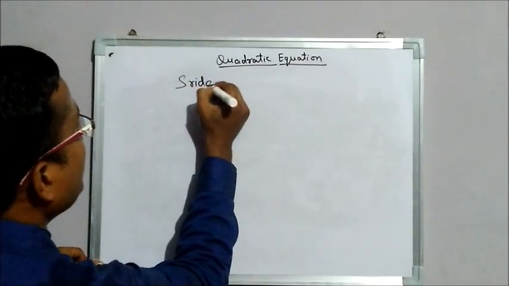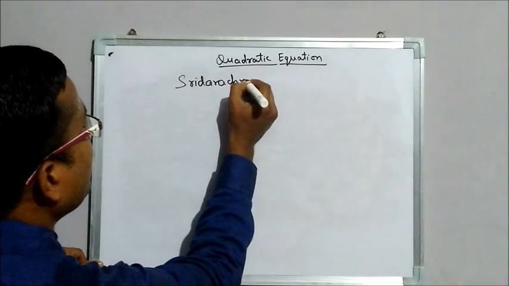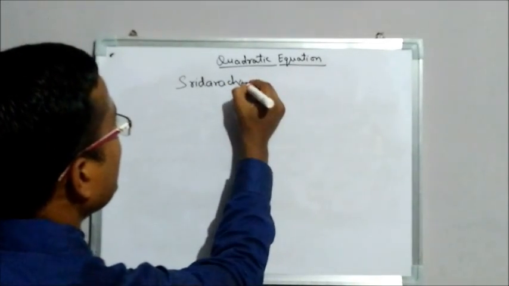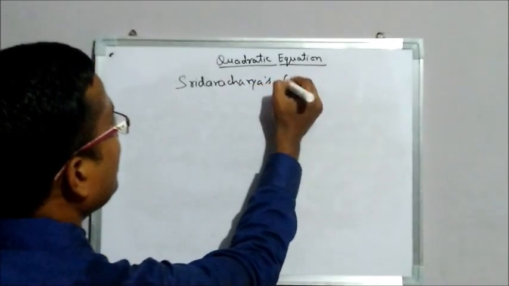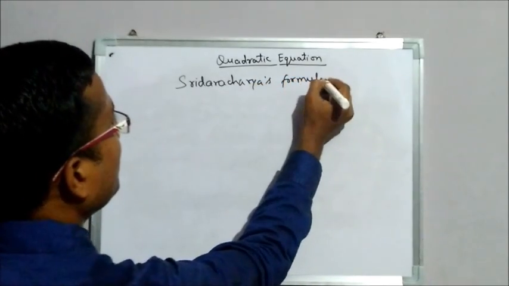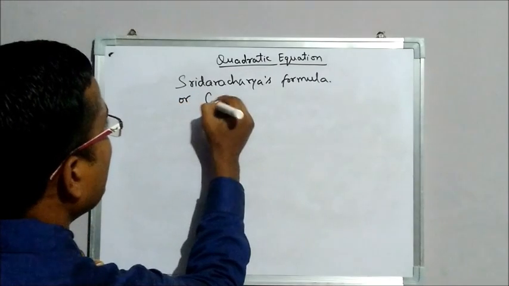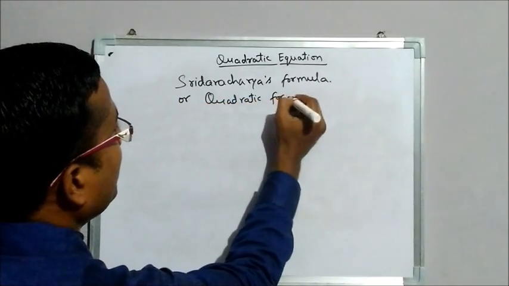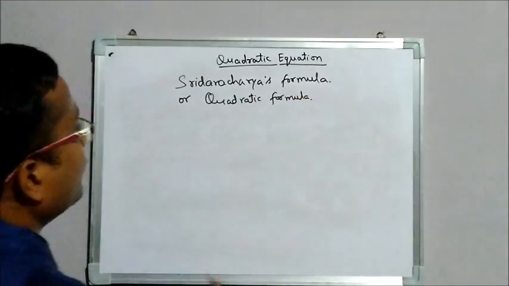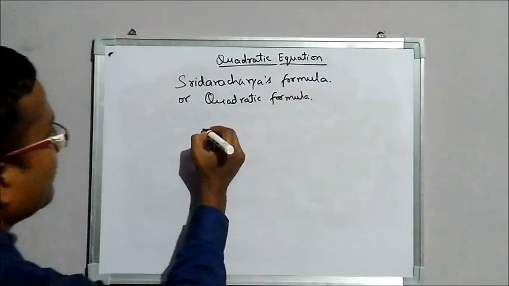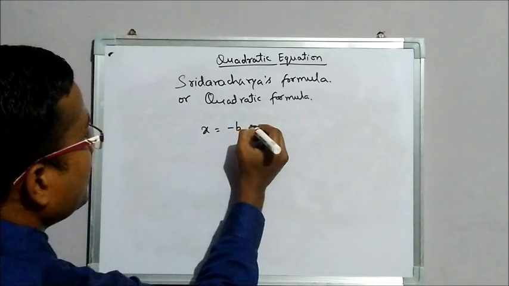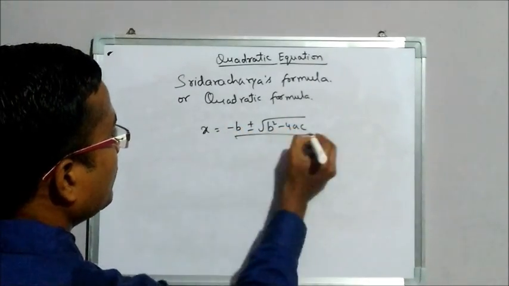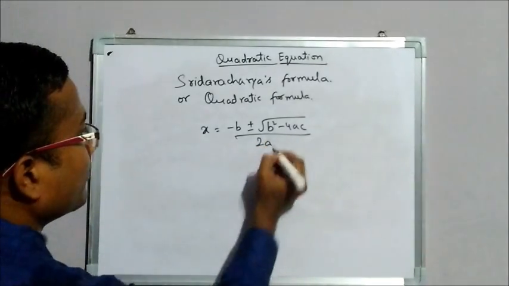Sridharacharya's formula, or the quadratic formula. What is the quadratic formula? x equals minus b plus or minus under root b square minus 4ac upon 2a.